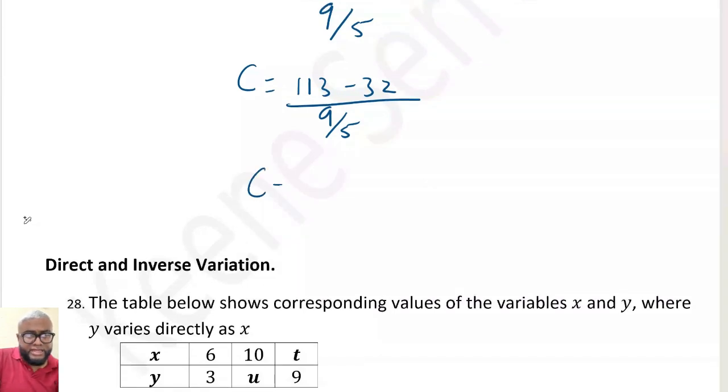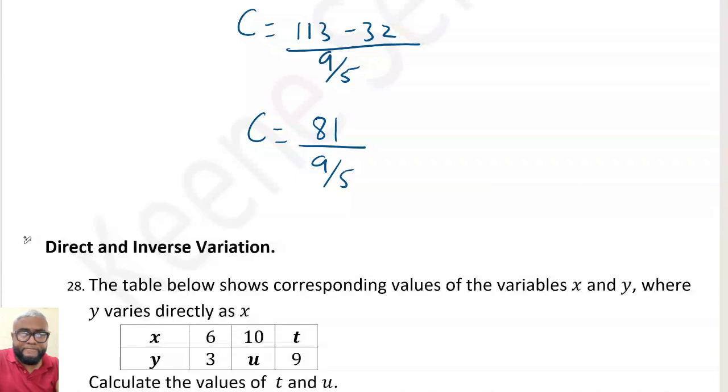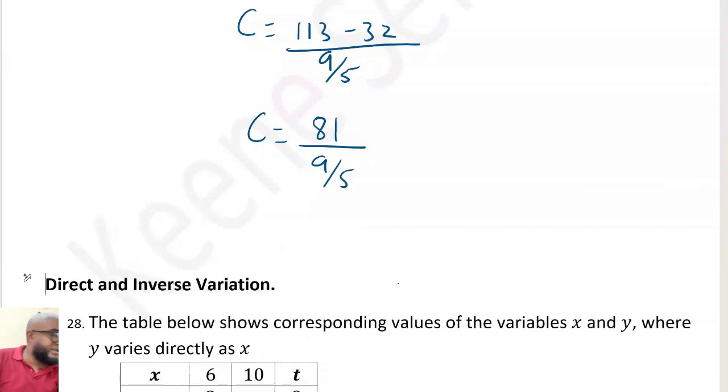So C will be equal to 81 divided by 9 over 5. So do 81 divided by 9 over 5 and tell me what you are getting. Let's just put the answer here and we're done, right? 45 is my final answer. Right? So that is the end of transposition.